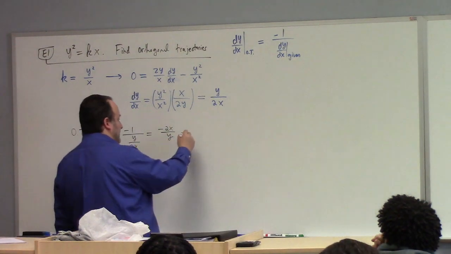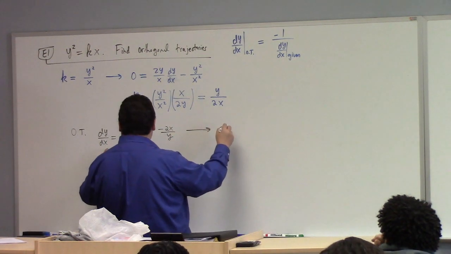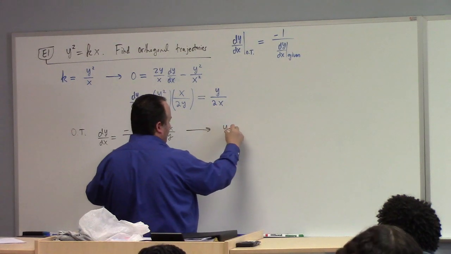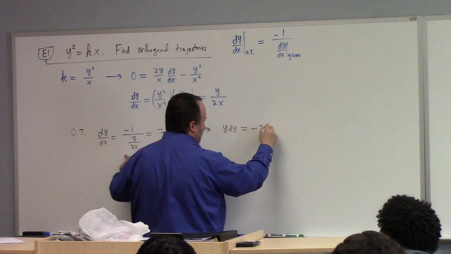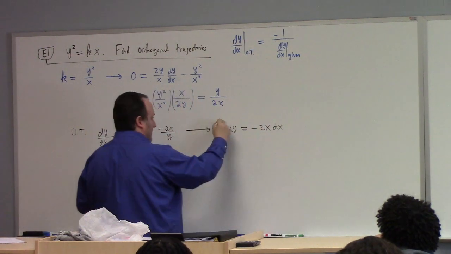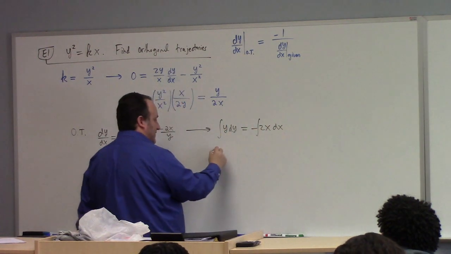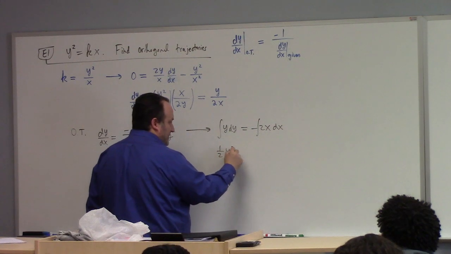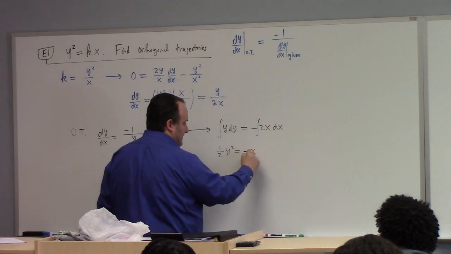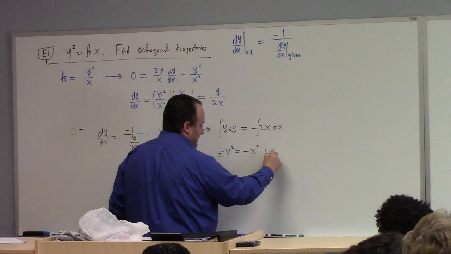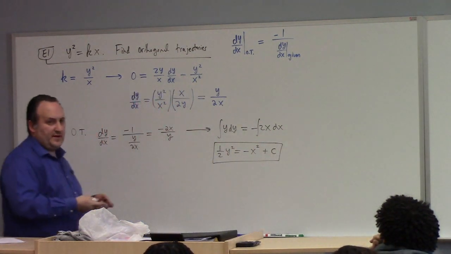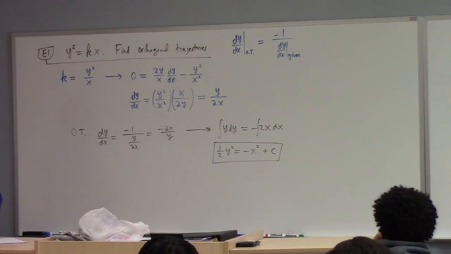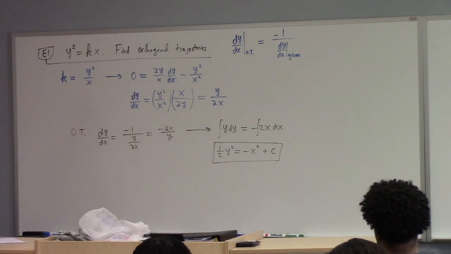I'm thinking separate and integrate, right? So I get y dy equals minus 2x dx. Integrate both sides. That gives us 1/2 y squared is equal to minus x squared plus a constant. And there you go. That is the orthogonal trajectories to the given curve.